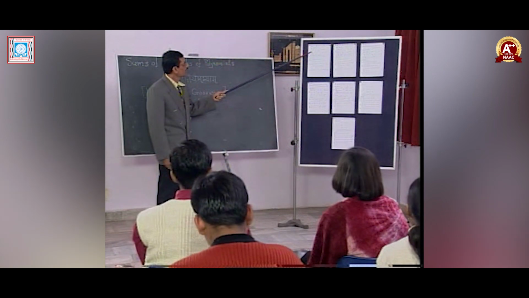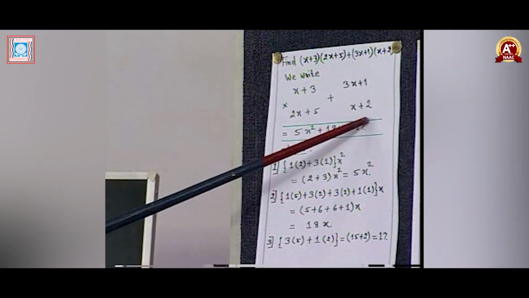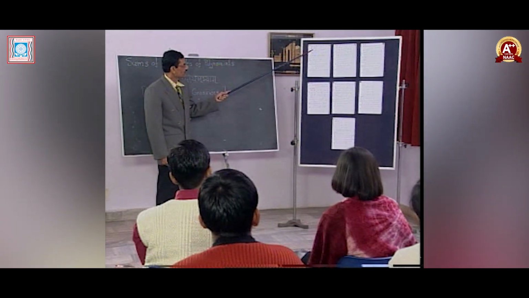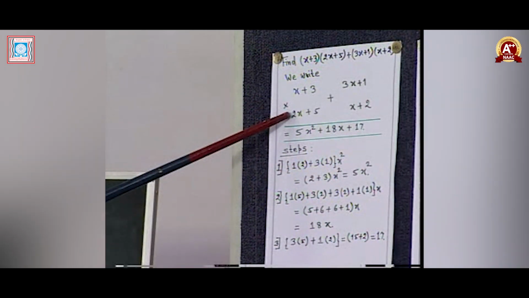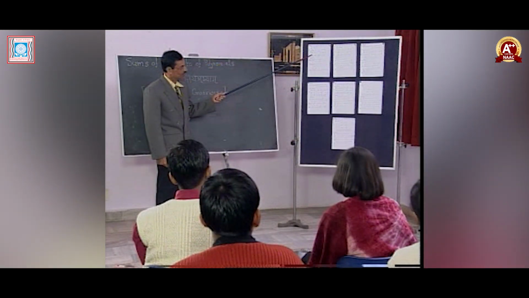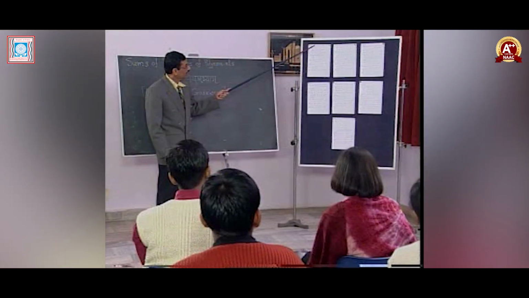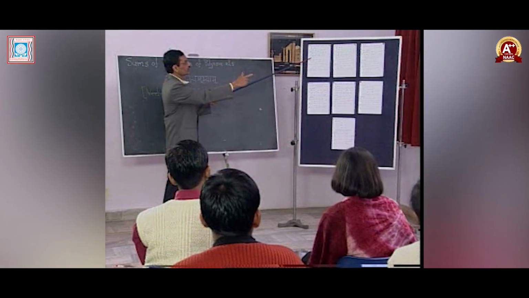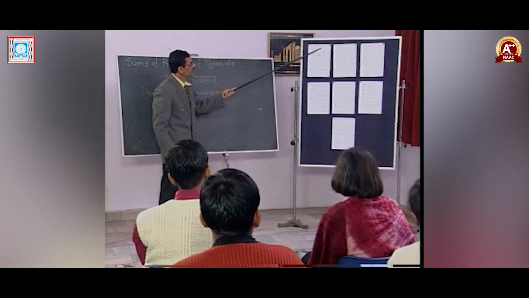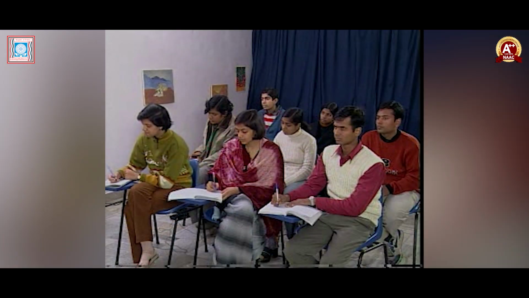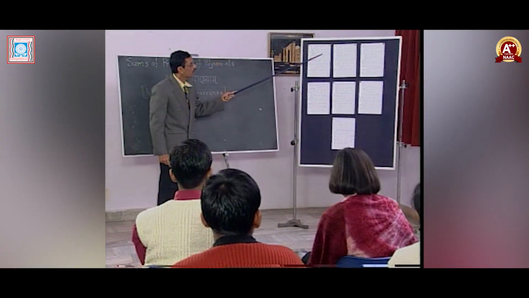Okay, we start. Step number 1. Forgetting about the second term, we concentrate on the first pair. 1 into 2, 2x square. Then in the second term, we will definitely get a coefficient of x square, that is to be added, 3 into 1.